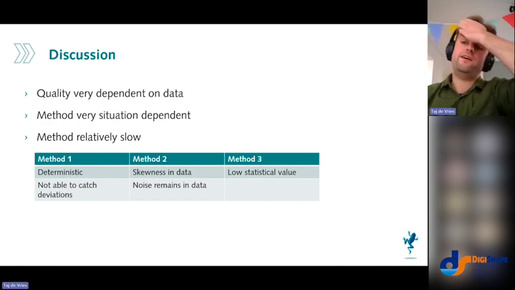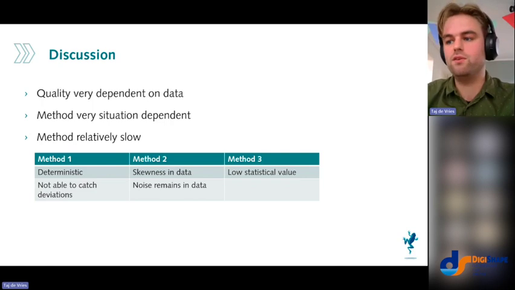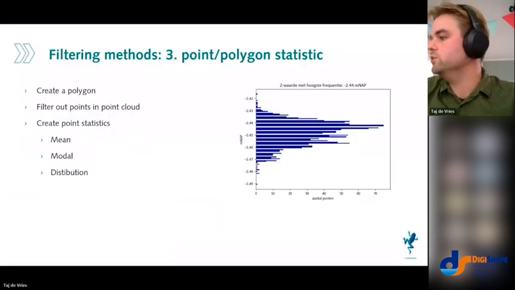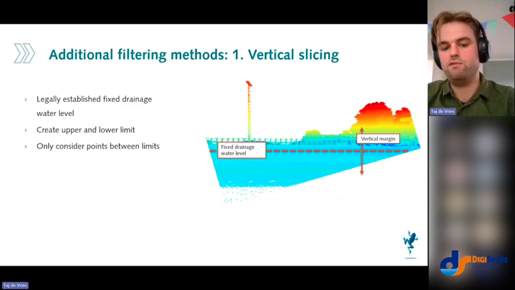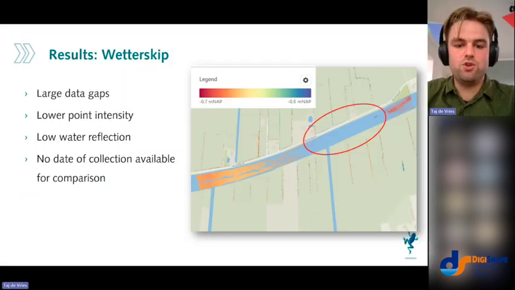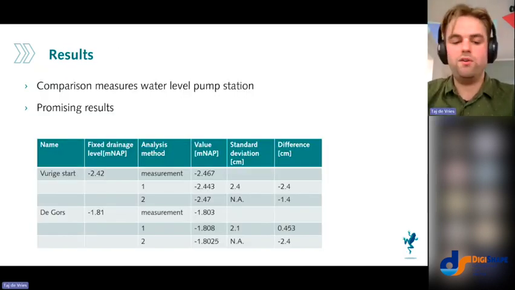And if we look at the methods, method 1, the vertical slicing, is very deterministic. For now we took a vertical margin of 0.1 meters from the fixed drainage water level. So every point outside of the vertical margin is not used for measuring the water level.